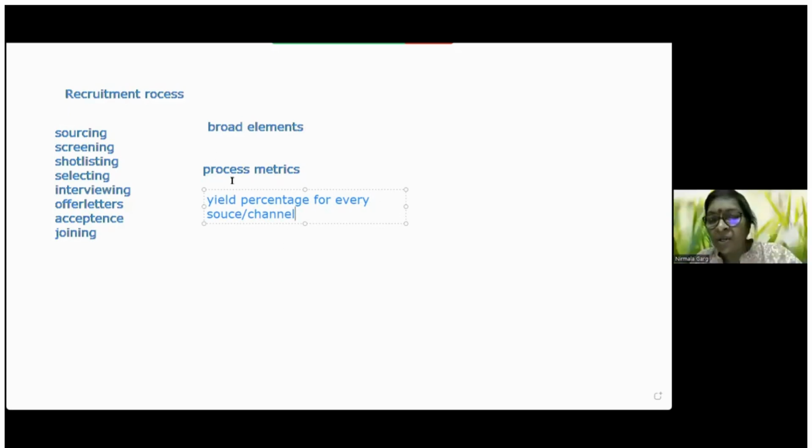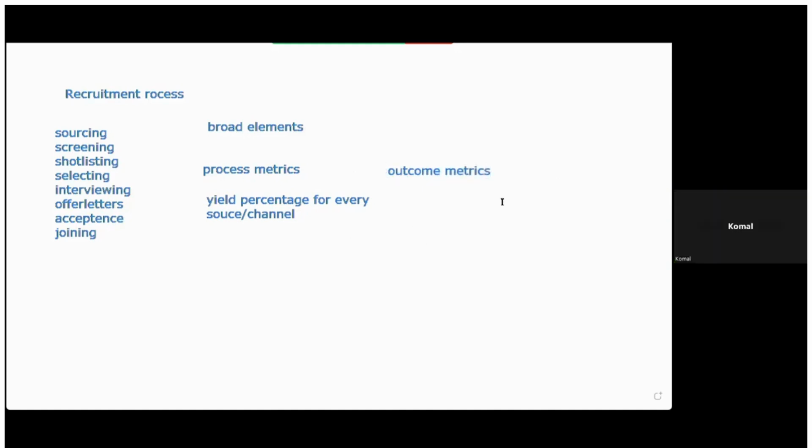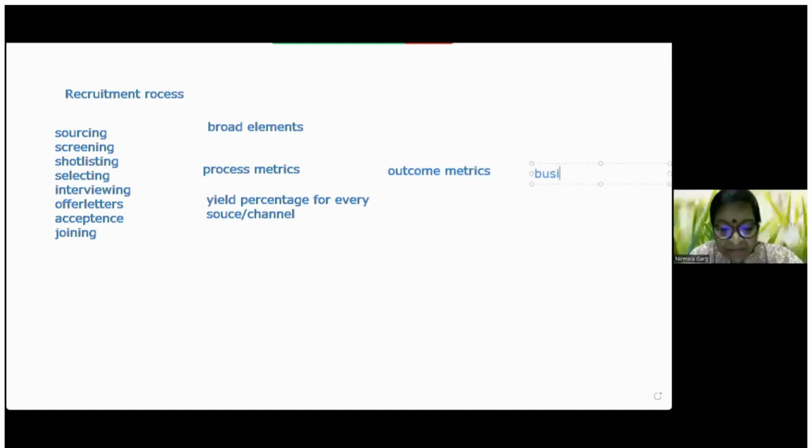So you will have process metrics. Then second, every process has something called outcome metrics. And then there is something for business. Let us understand this very clearly. For a recruitment process, process metrics will be like what?